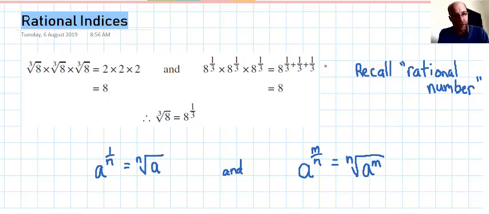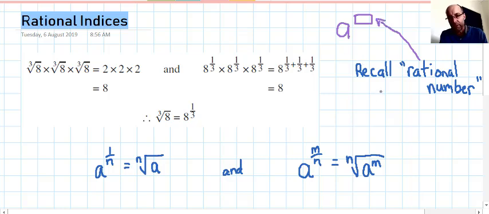We're going to learn what rational indices are, and we're going to do conversions and learn how they work. Firstly, you can see the word rational there in the title. It's when you have a base that's raised to an index that's a rational number. So what goes there, the index, is a rational number.